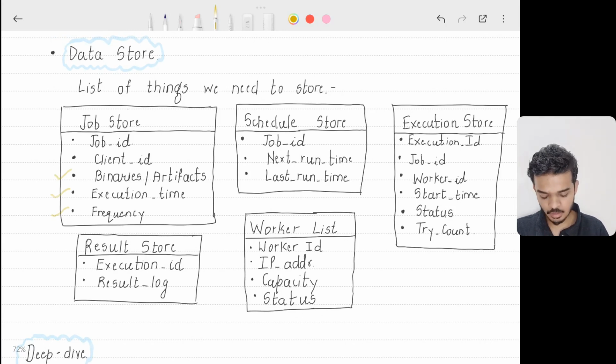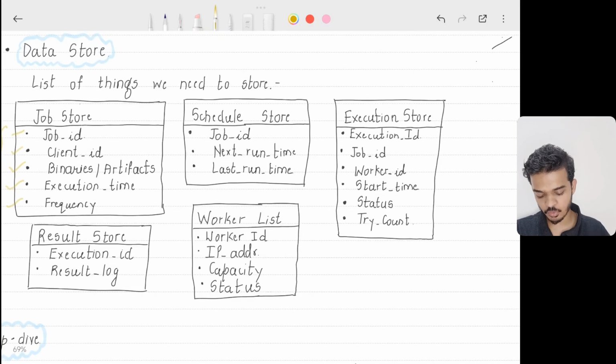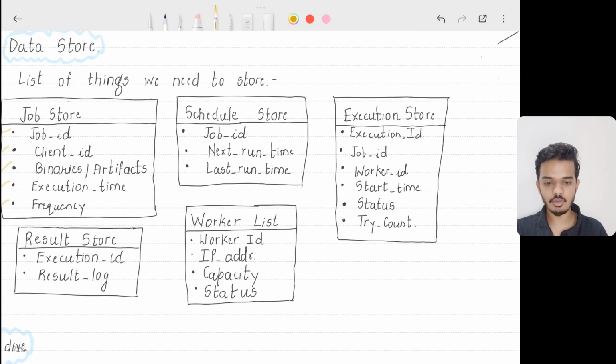These three things we had already discussed, but along with that we also need to store the job ID. It could be an incremental field, so with every job we'll need an incremented job ID. We also need the client ID. We need to remember which client had given that job. So these are all the things that we need to store in the job table or job store.